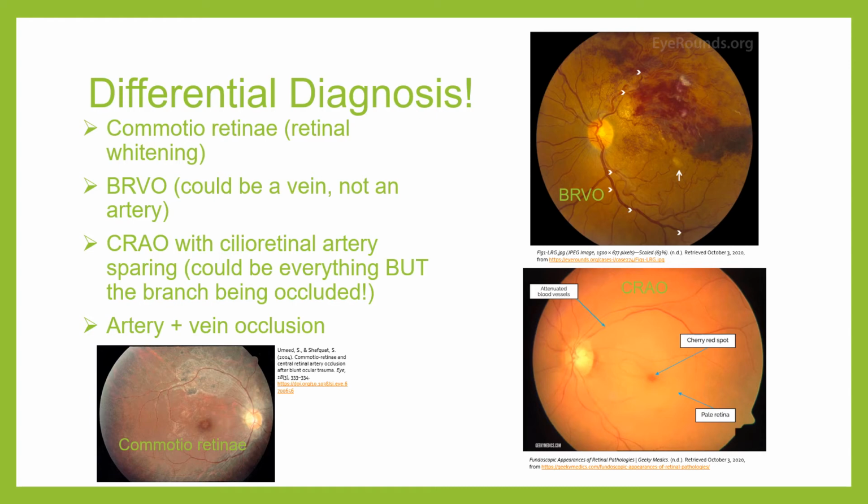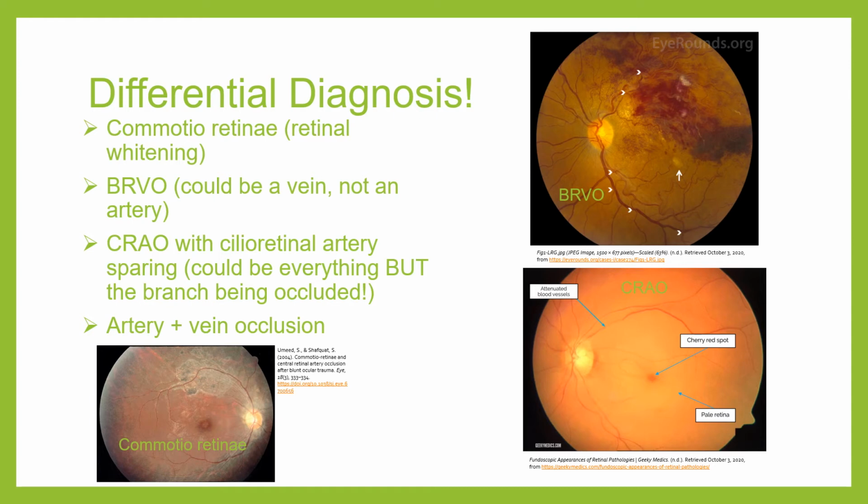Without the fluorescein angiogram, we could mistake the CRAO for a BRAO, and CRAO with cilioretinal artery sparing would be the exact opposite of the suspected BRAO.